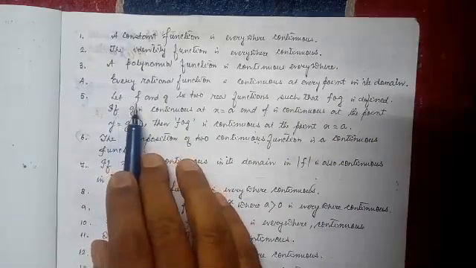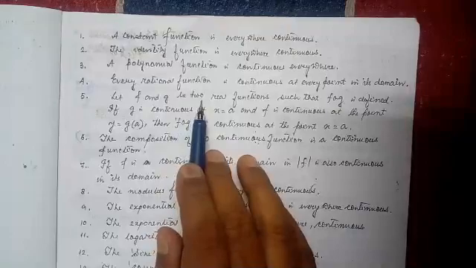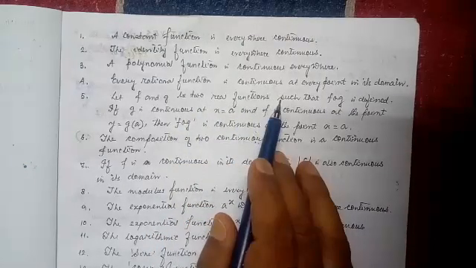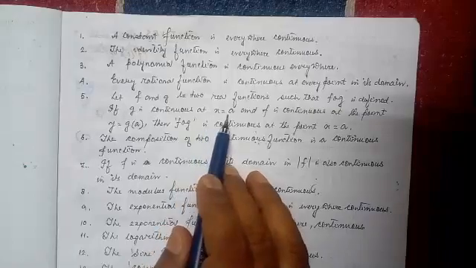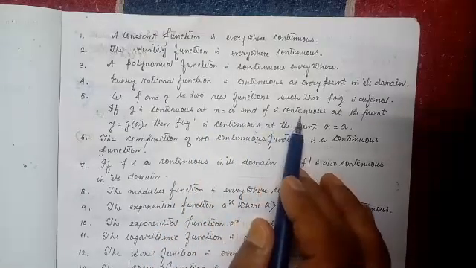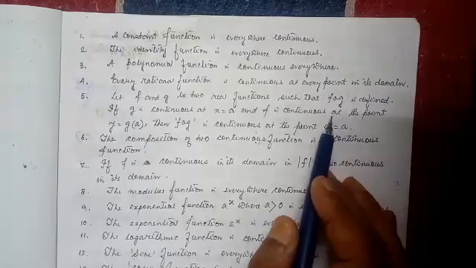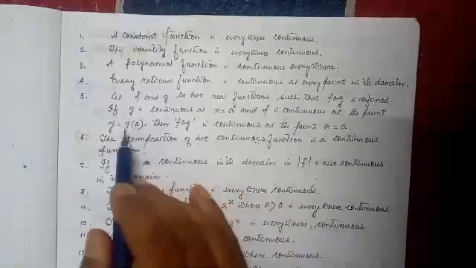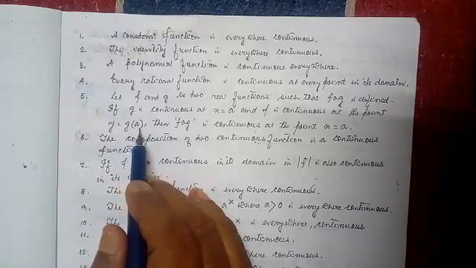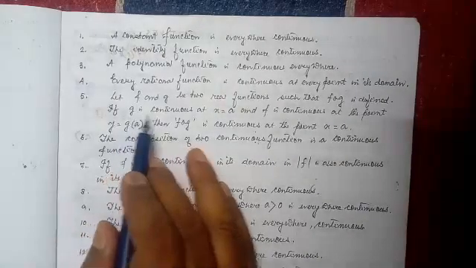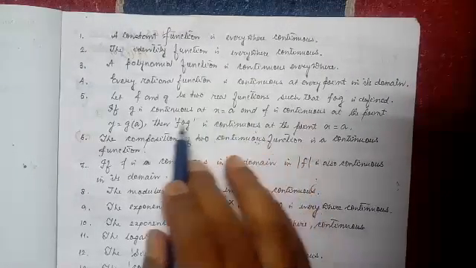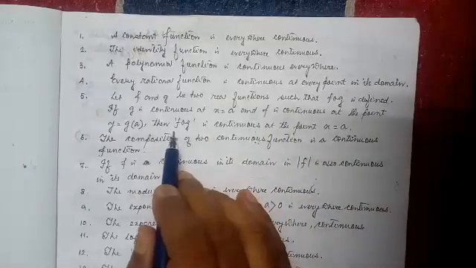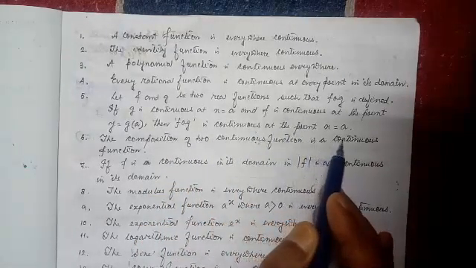Fifth, let f and g be two real functions such that f of g is defined. If g is continuous at x is equal to a and f is continuous at the point y is equal to g of a, that is, the function g is continuous at x is equal to a and function f is continuous at g of a, then f of g is continuous at the point x is equal to a.